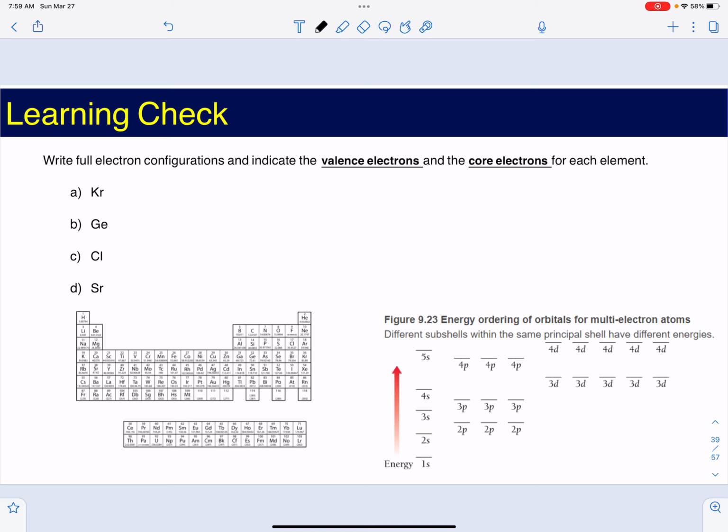The valence electrons are going to be the electrons that are on the level that is the farthest away from the nucleus. The core electrons are going to be anything before that. If we were using Bohr's model and we have the nucleus right at the center, then we have level 1, level 2, level 3, and I told you that you have 2 electrons on the first one, 8 electrons on the second one, 18 electrons on the last one.